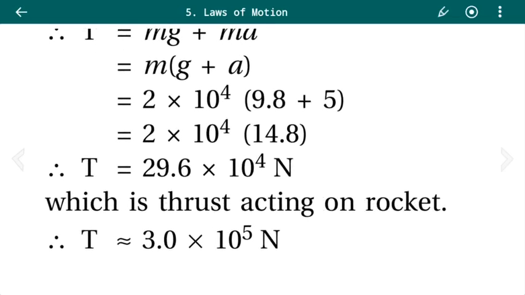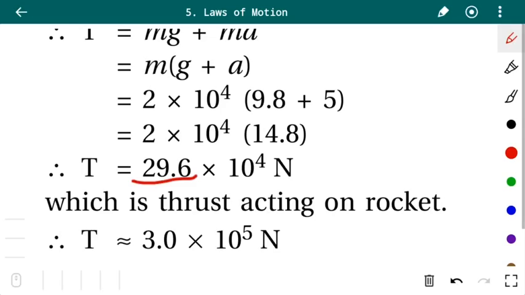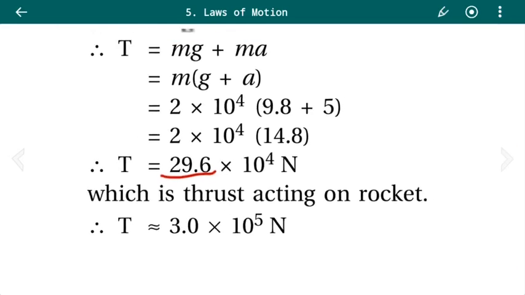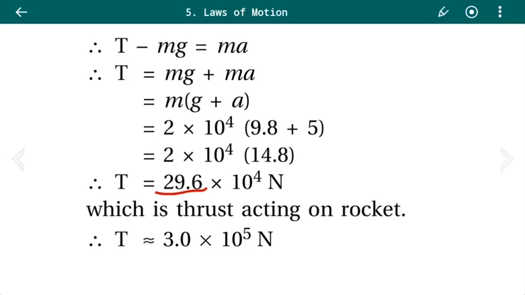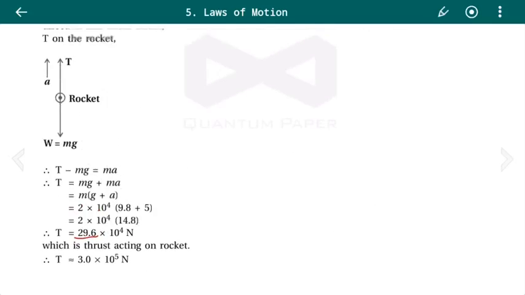When you solve this, you get the value as 29.6 into 10 to the power 4 Newton. Rounding this off, we get 30 into 10 to the power 4 Newton, which can again be written as 3 into 10 to the power 5 Newton. So 3 into 10 to the power 5 Newton is the thrust acting on the rocket.